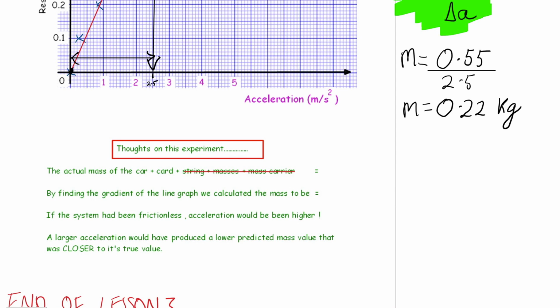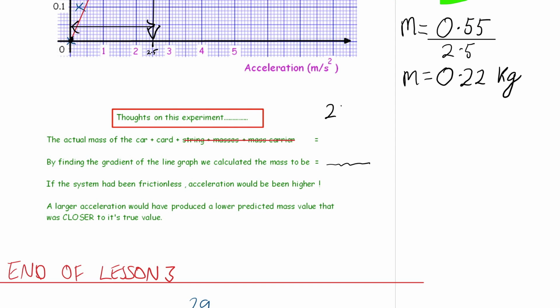So you can complete these parts here, and there's a few notes there underneath. When we evaluate the experiment, how we could get better, more accurate values. Or the actual mass of the car and card, would have measured that on weighing scales.